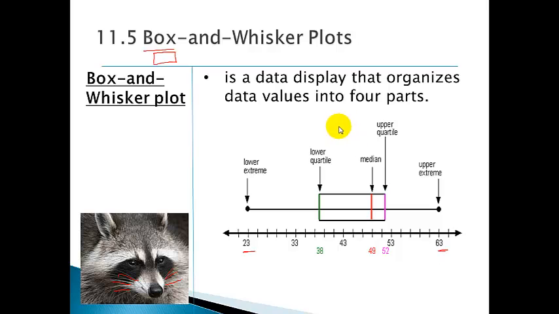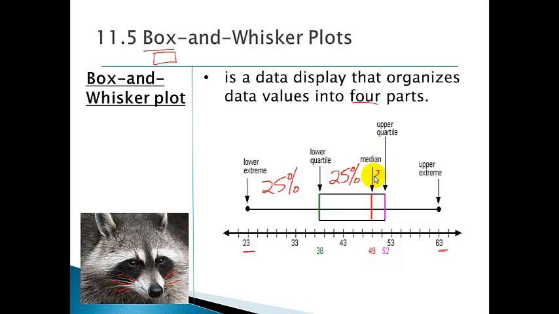So here we go. 100% of the data, all right here. I'm going to break it into 4 parts. So 4 parts, think a dollar, break it into 4 parts. We have a quarter. So 25% of my data is represented between 23 and 38. Another 25% is represented from 38 to 49.